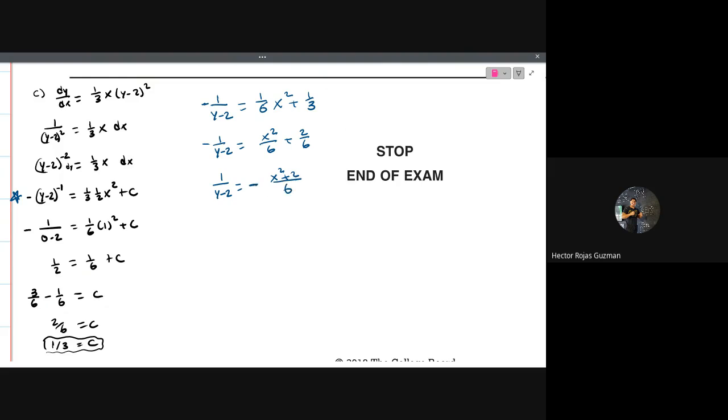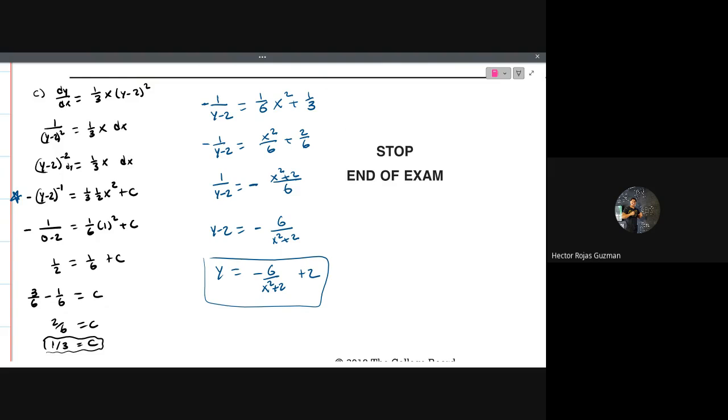Notice how I'm keeping the negative on the outside. I'm not going to distribute it. There's no need. Next, since I have one fraction equals one fraction, you can go ahead and just flip both fractions. Or you can take the long way, and you can cross multiply and do all that stuff. Finally, I can add 2 to both sides, but don't really combine it with the fraction because you don't have common denominators. That's your particular solution.